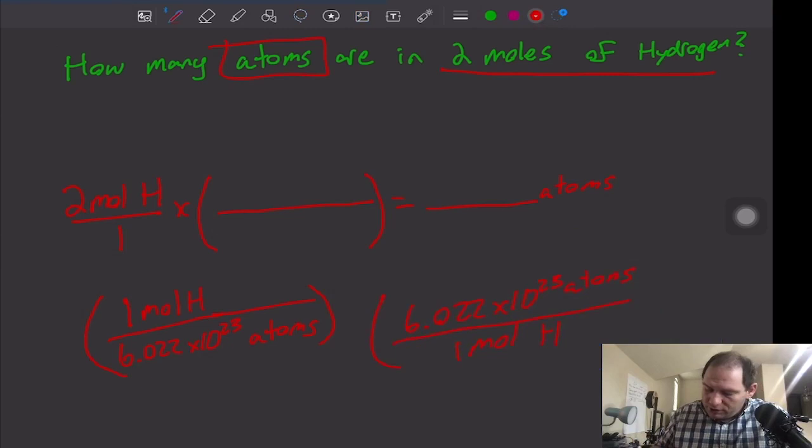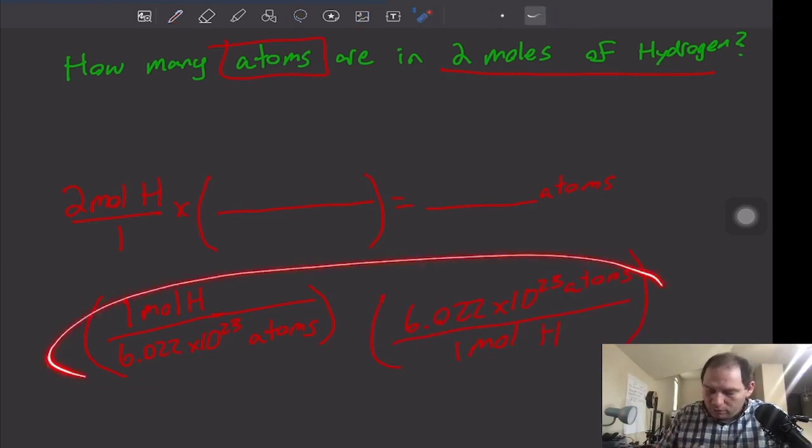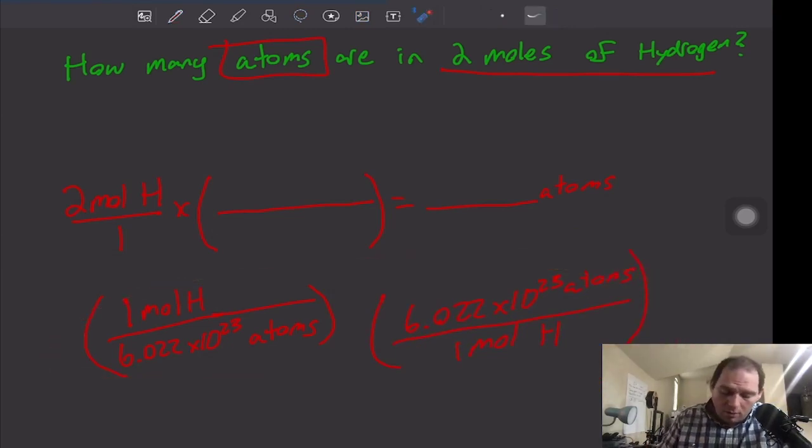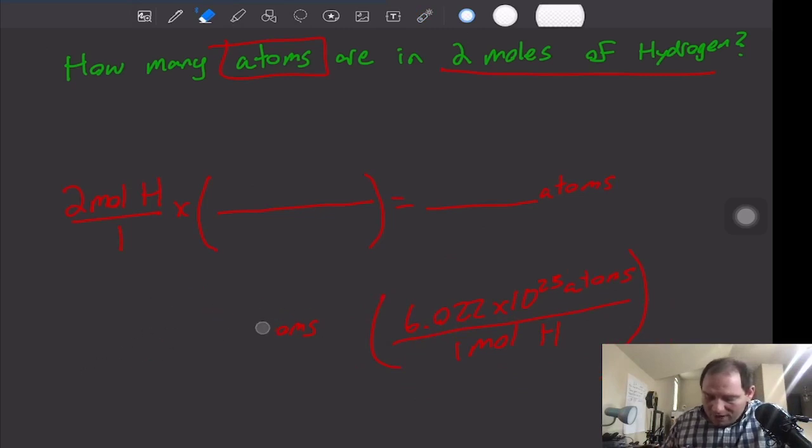So I have these two conversion factors down here. Which one do I need to use? We have moles on top, so I'm going to find the one that has moles on the bottom. Right here. So I'm going to use this conversion factor. I don't feel like writing that again because that was a lot of writing, so I'm just going to cheat this real quick.